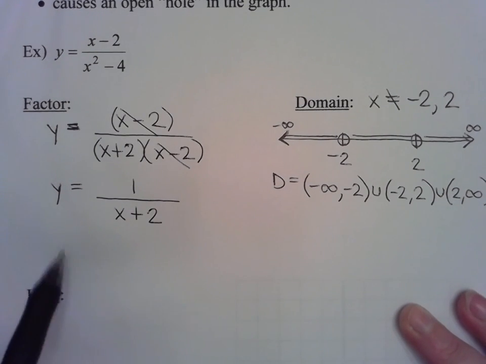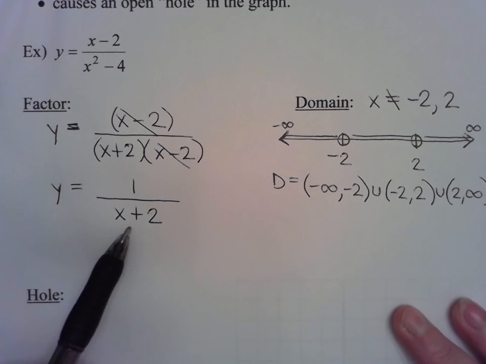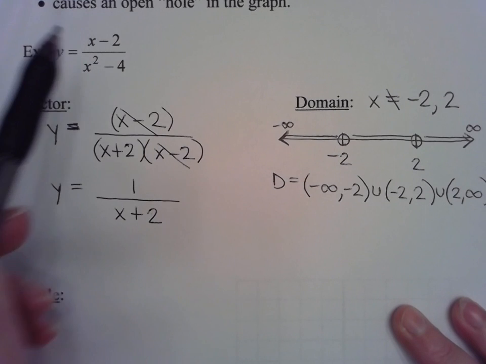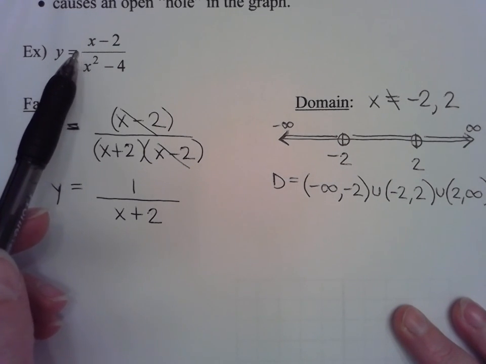So now I'm left with this fraction, y equals 1 over x plus 2. So the graph of 1 over x plus 2 is the same as the graph of x minus 2 over x squared minus 4, except the graph of the original function has a hole.